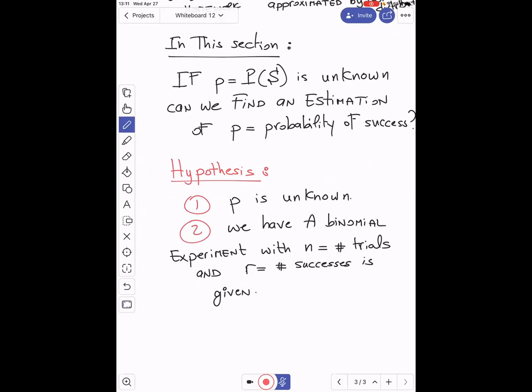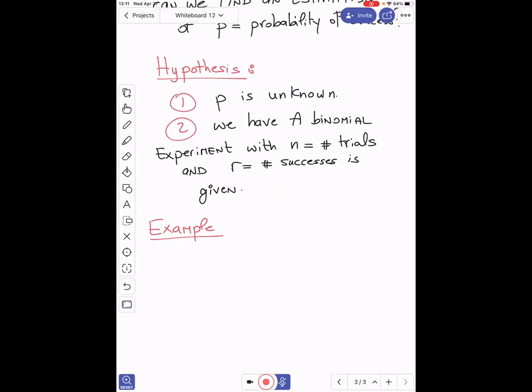So let me give you an example. Let's say you have a random sample of 188 books bought at a bookstore.